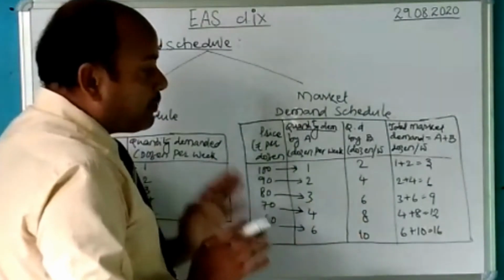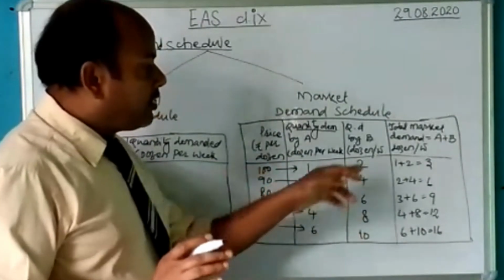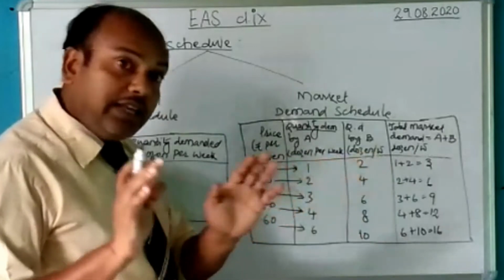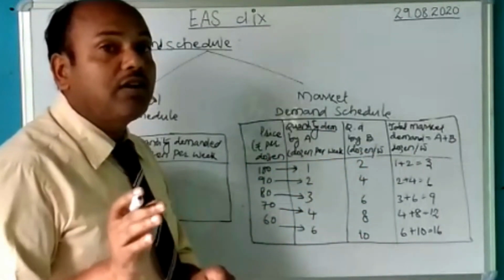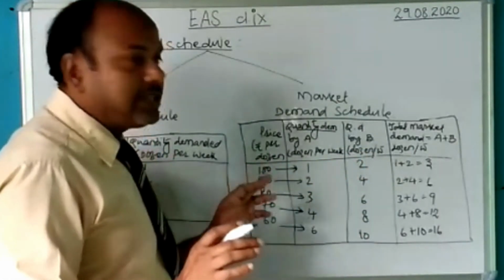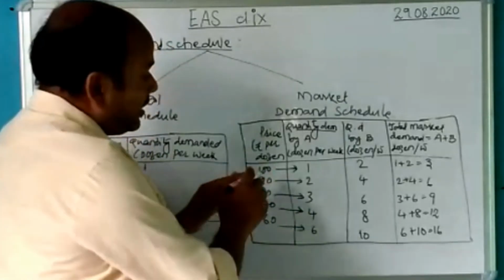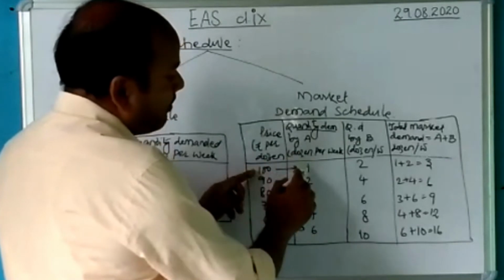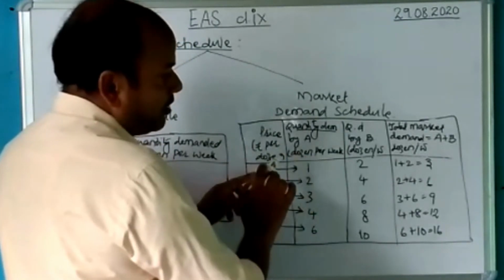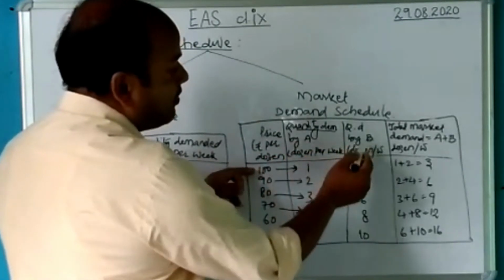Okay. So that means in that particular week, what was the total quantity demanded at this price? When price is 100, A buys 1 dozen per week, but at the same price, B buys 2 dozen per week.